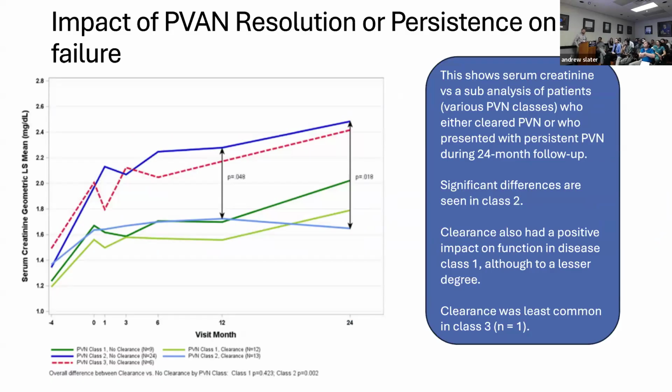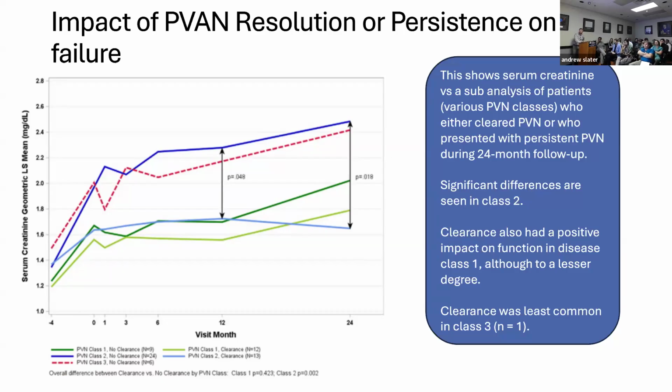And the impact of polyomavirus-associated nephropathy resolution or persistence on graft failure. What we have here is serum creatinine versus a sub-analysis of patients of various polyomavirus nephropathy classes. You can see class 1 with no clearance versus class 1 that had virus clearance during a 24-month follow-up period.